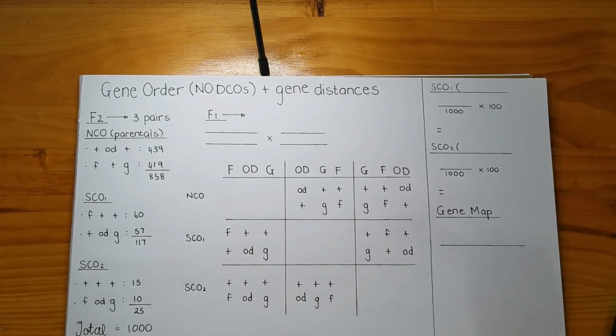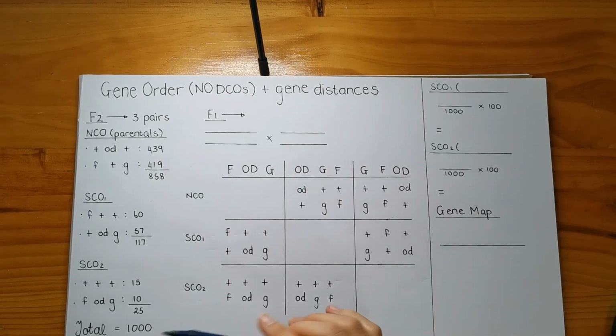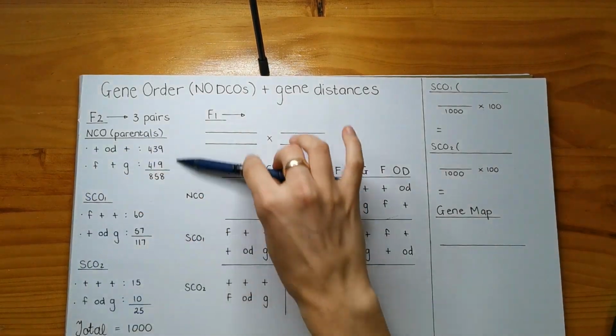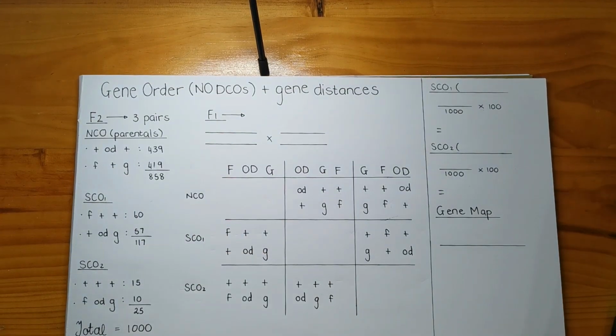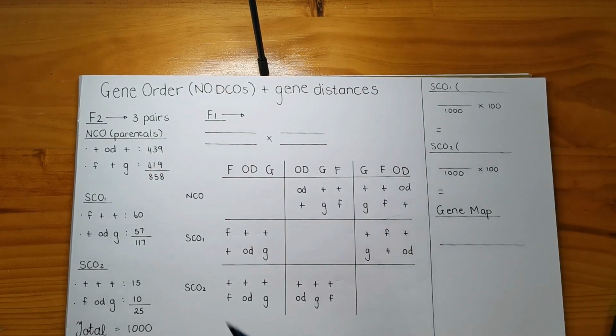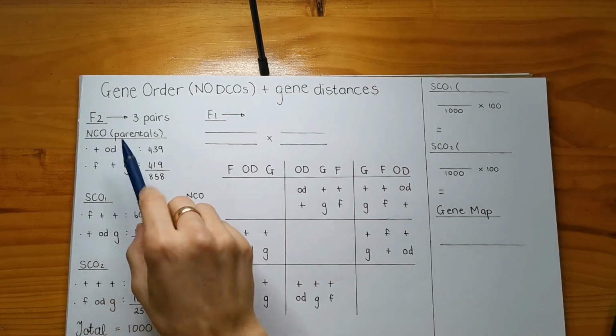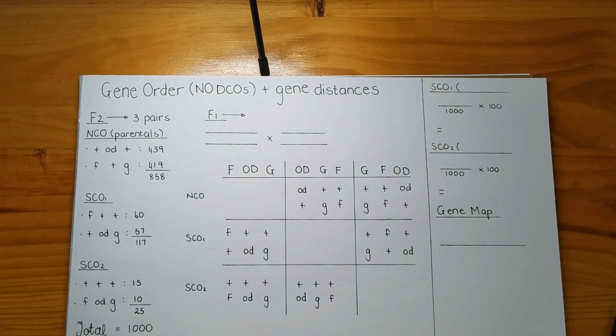I want to bring it to your attention that I've written out all of my F1 in symbol format. In the question, they just write out words and give you the totals of each of those classes, but here I've written out the symbols and I'm going to explain why.